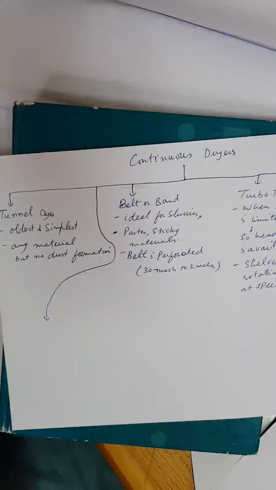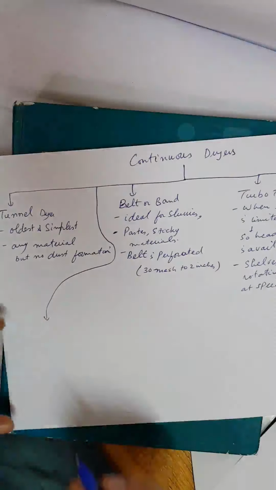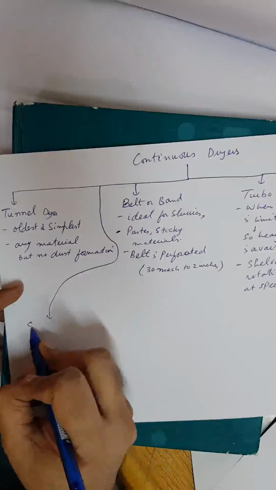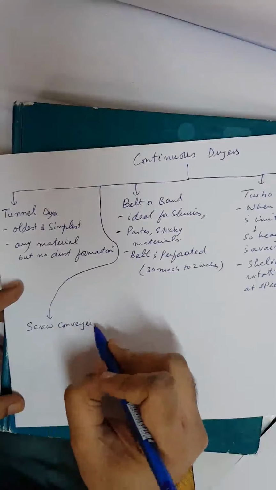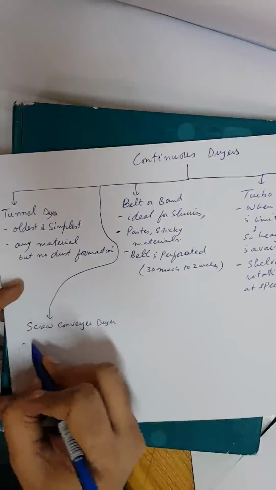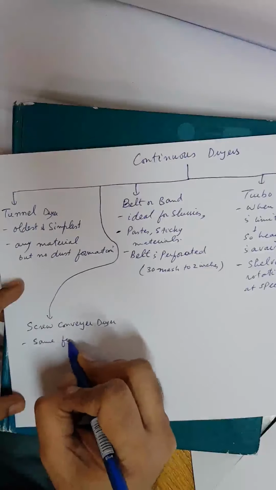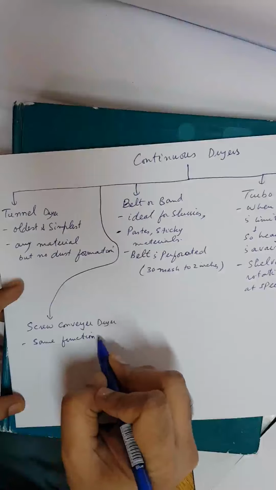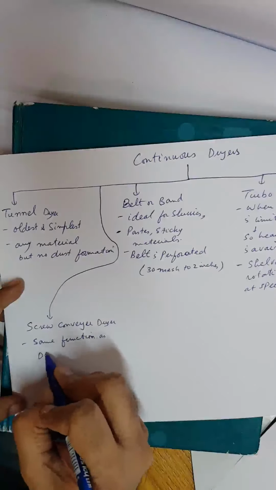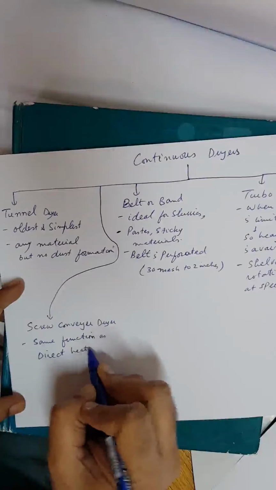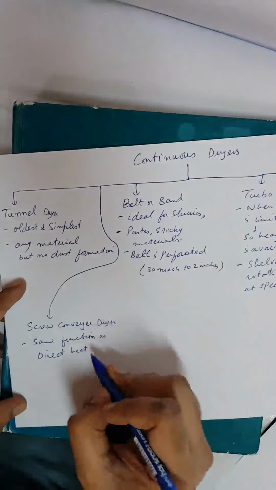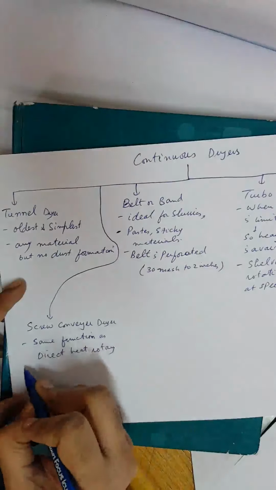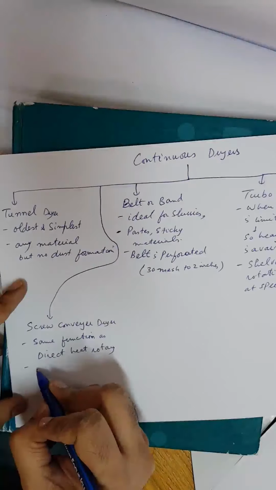Then we have another one, screw conveyor. This has the same function as direct heat rotary, but is less popular.